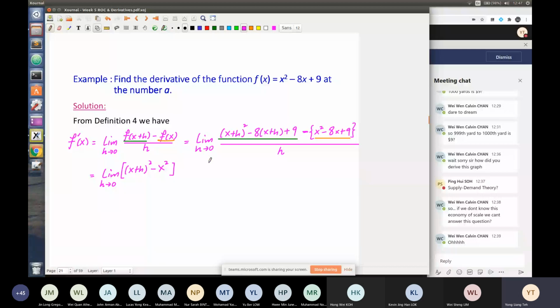Then we have minus 8 of x plus h plus 8x. This term and this term, minus minus, so plus. Let me box this up. Then plus 9 minus 9. Therefore this whole thing is divided by h.